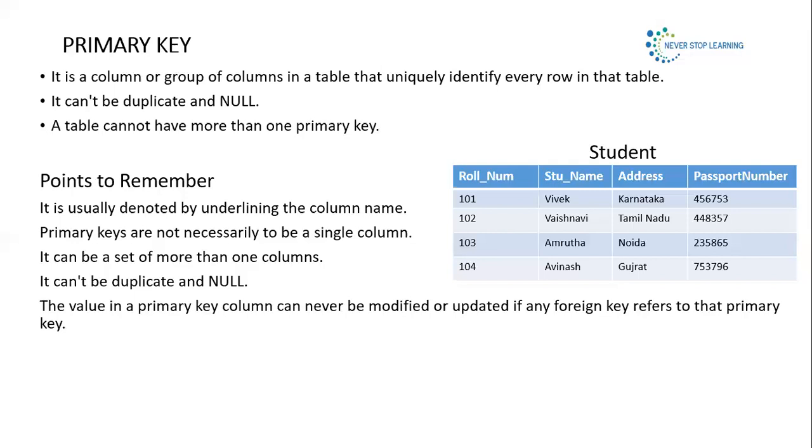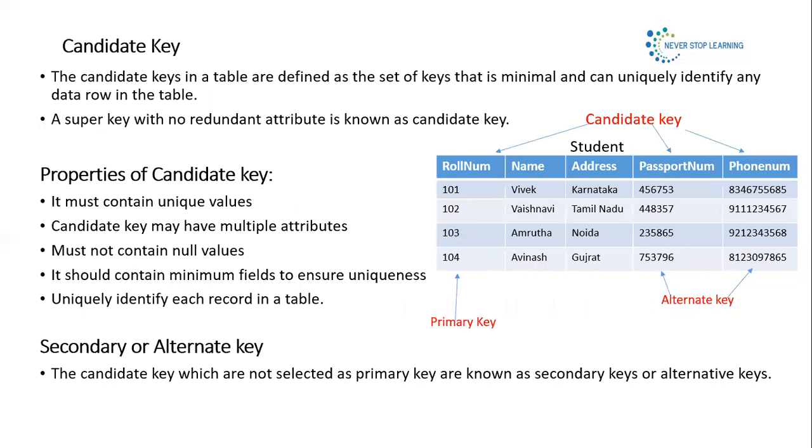The value in a primary key column can never be modified or updated if any foreign key refers to that primary key. For now, just remember this: if a foreign key is referring to a primary key, then we are not allowed to update or modify the value of the primary key. When I teach you foreign key, I will come back to this point.